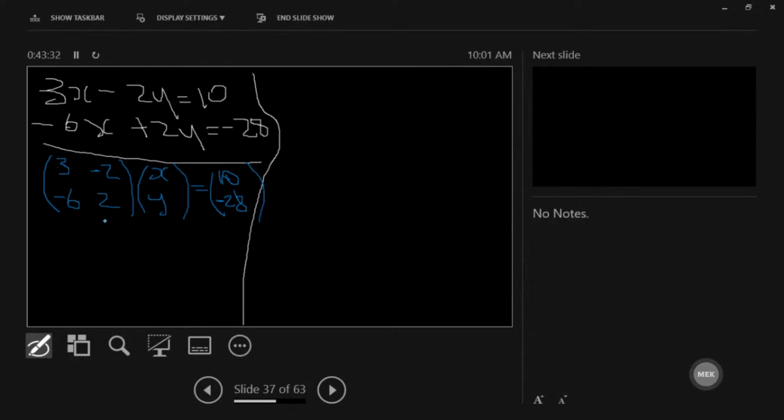So the inverse will be 1 over the determinant. And the determinant is a times d minus b times c. So that will be 3 times 2 minus negative 2 times negative 6, which is 1 over 6 minus 12, which is negative 1 over 6.